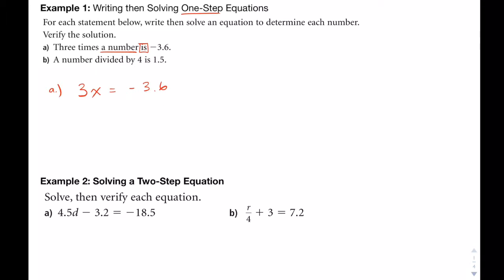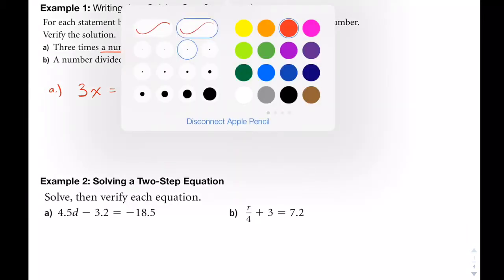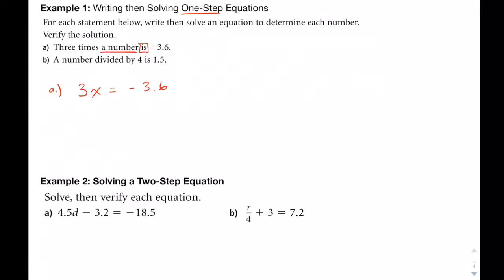So our goal is we want to solve for the variable and isolate the variable so that it's all by itself. On the left side we have our variable, so we want to get x by itself. Remember, we've got to think opposites. 3 is multiplying x, so you want to do the opposite of what's happening in the equation. The opposite of multiplication is division, so I want to divide this side by the exact same number.